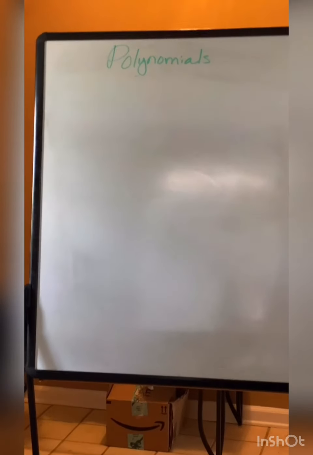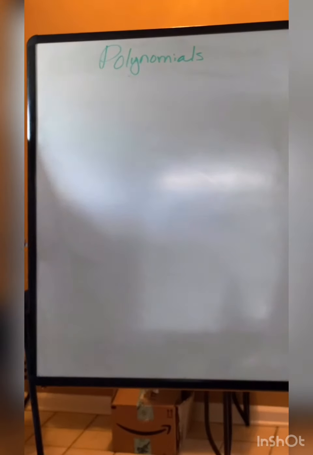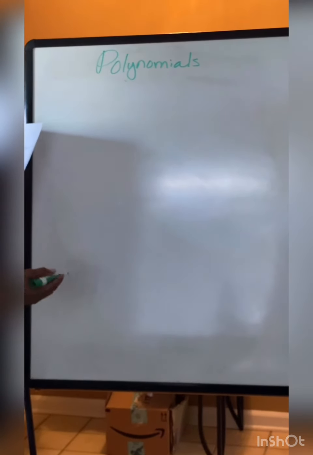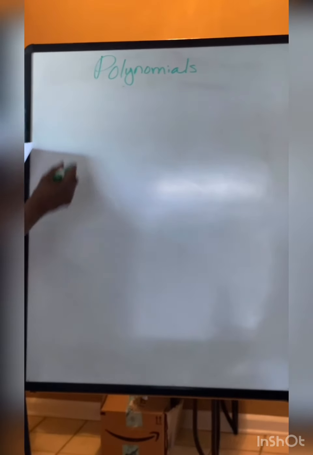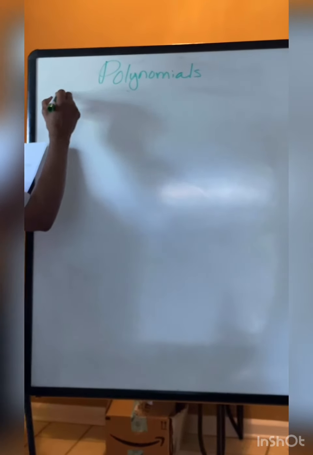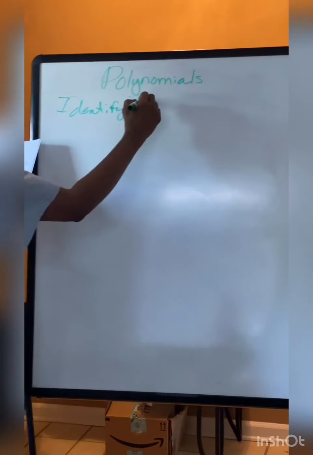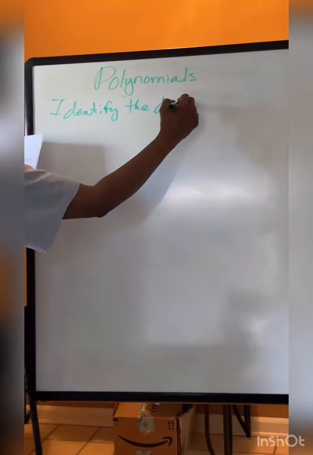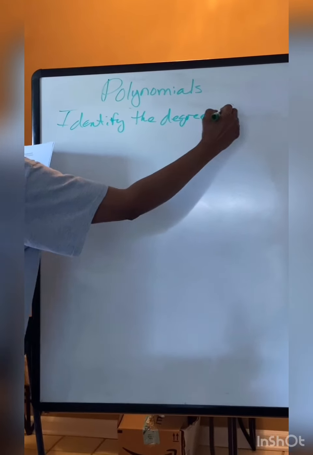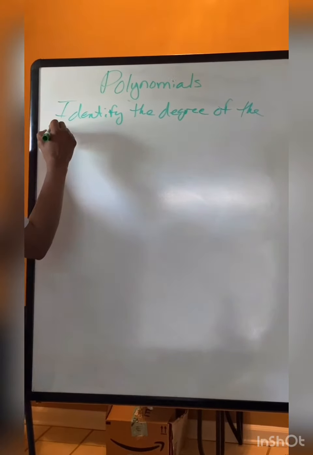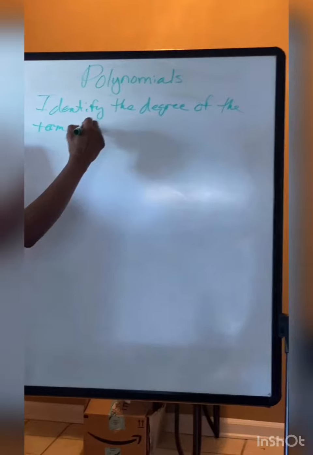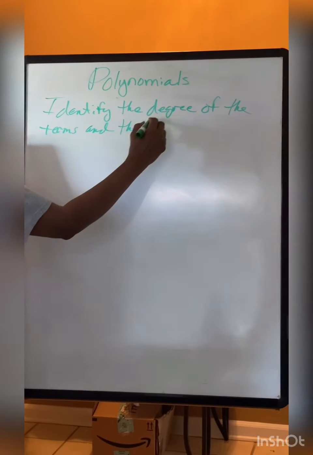And after we simplify, in the next set of instructions, we're going to identify the degree of the terms and the degree of the polynomial. So the instructions: identify the degree of the terms and the degree of the polynomial.